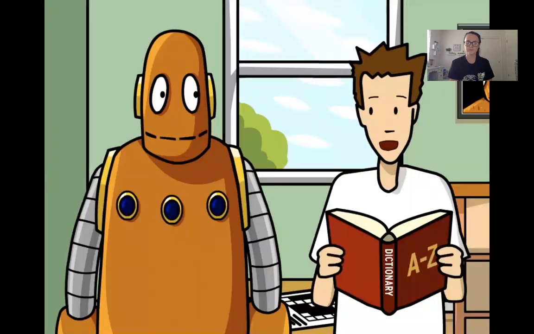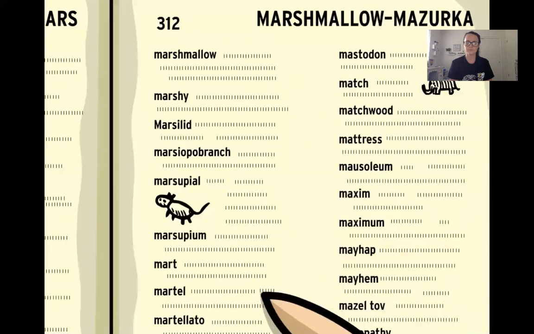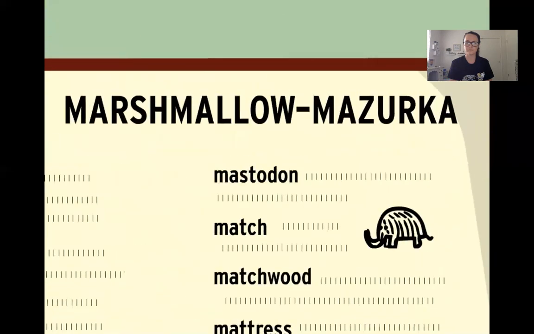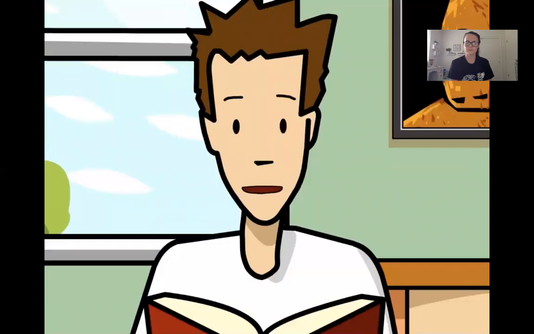Well, a dictionary is any list of words with their definitions. The words are listed in alphabetical order, so using a dictionary is pretty simple. To help find your way around, there are two guide words at the top of every page. Those tell you the first and last word on the page you're looking at. So if the word you're looking for doesn't fall between those two alphabetically, then you've got to keep looking.